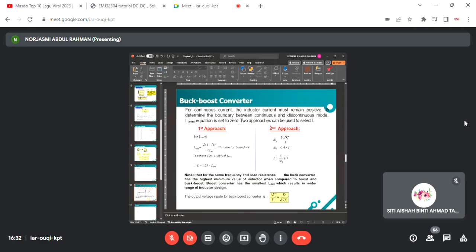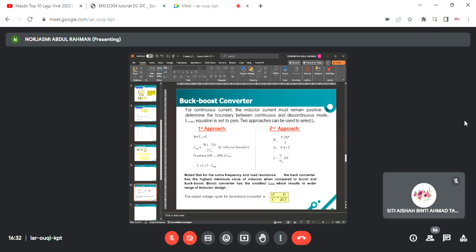Okay. Again, for designing the converter, you have to know whether your converter is working in CCM or BCM or DCM. So in order to do that, usually same as the buck converter and the boost converter, we will calculate the minimum inductance value first.